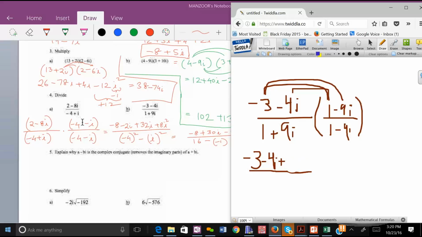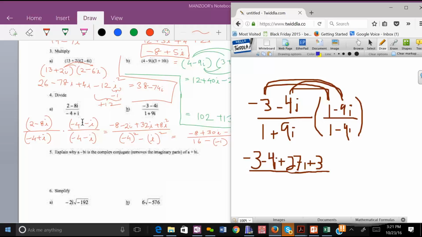So positive 27i, yes. And then I do negative 4i times negative 9i, also positive 36.